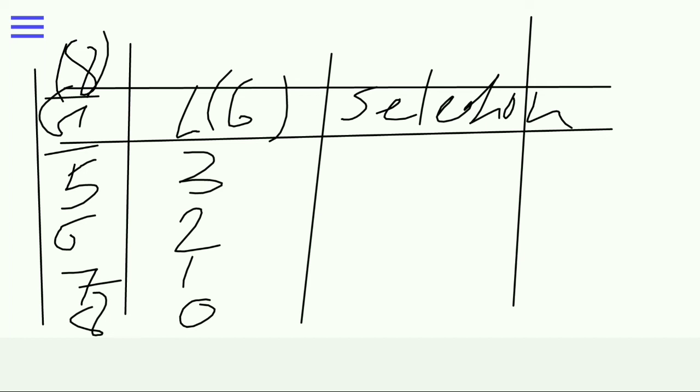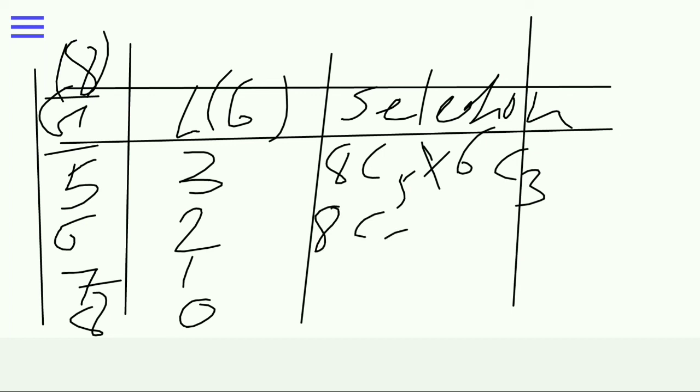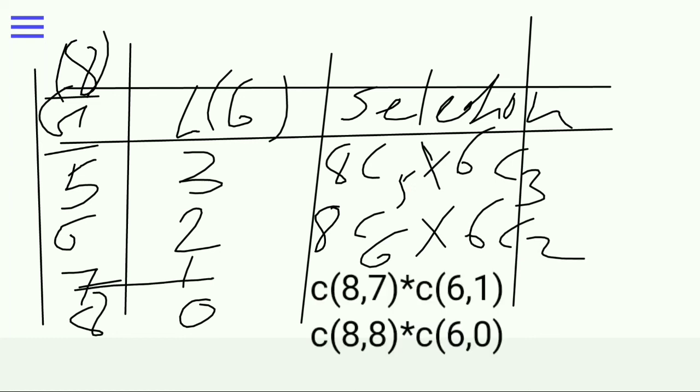So we calculate 8C5 into 6C3, then 8C6 into 6C2, then 7C1 into 6C1, and 8C8 into 6C0. Finally we add all these 4.